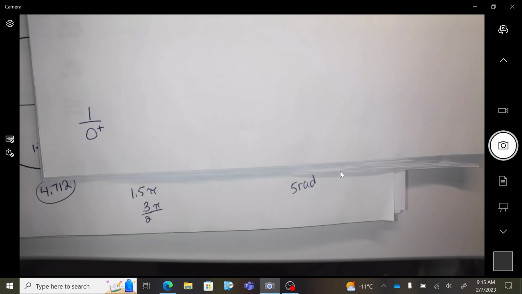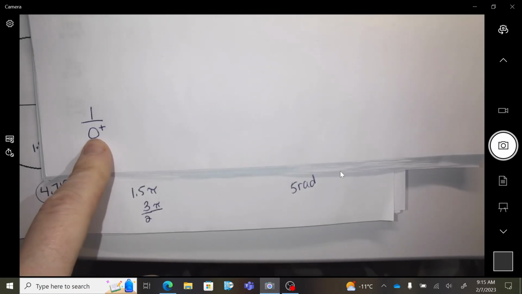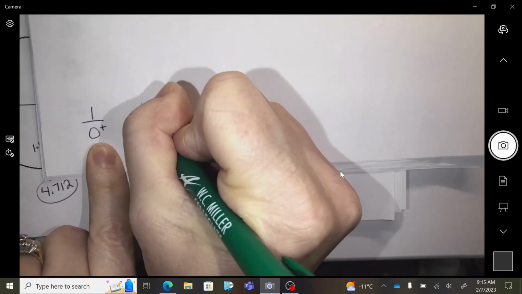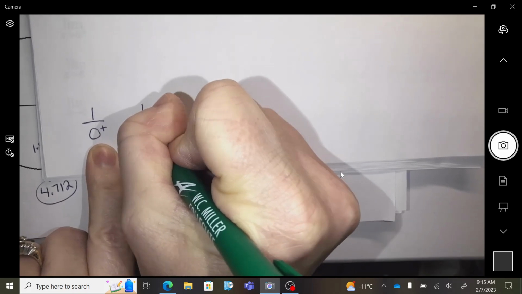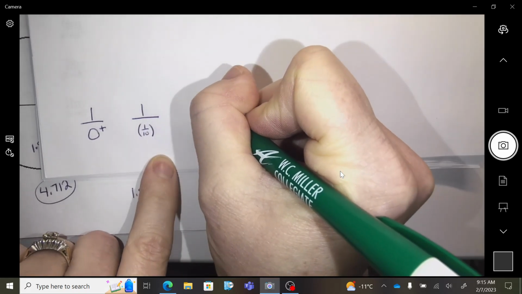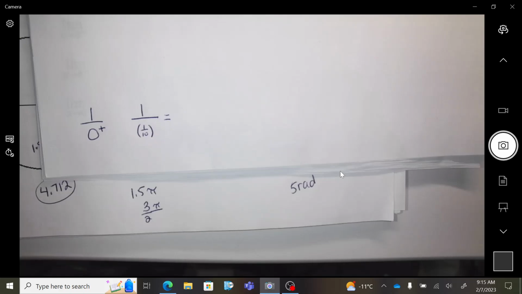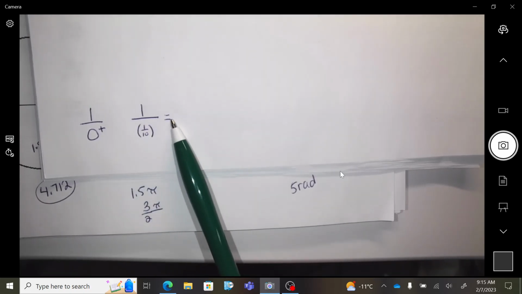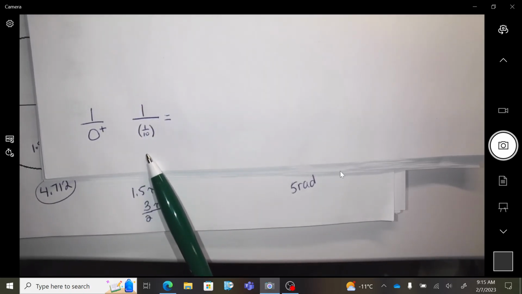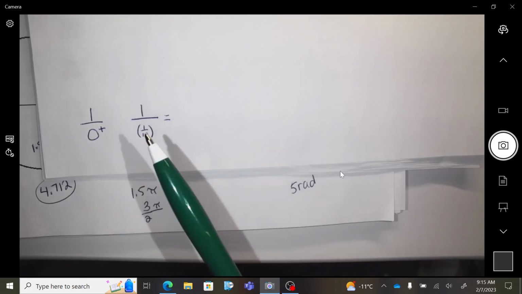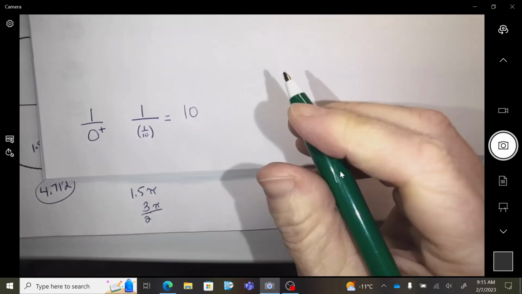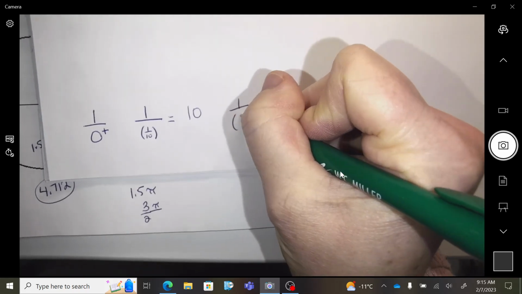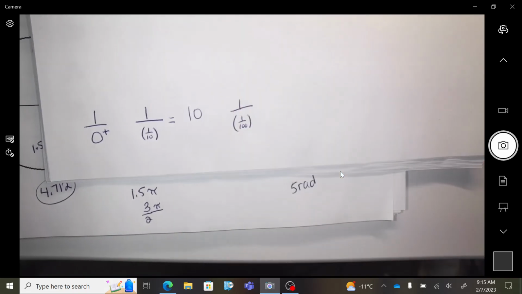Think about numbers that are close to 0. 1/10, that's pretty small. It's pretty close to 0. What's the result of that? Just 10, right. What if I get even closer to 0, so 1/100?